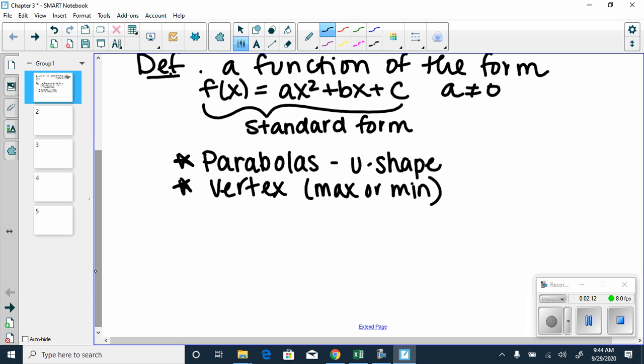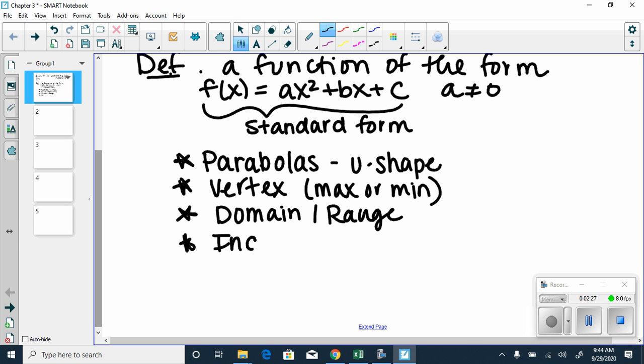They all have domains and ranges, so we'll be able to find that on all of them. And lastly, you can actually talk about increasing and decreasing. The graph does increase at a certain point, and it also does decrease at a certain point. But vice versa. So that's kind of the idea.